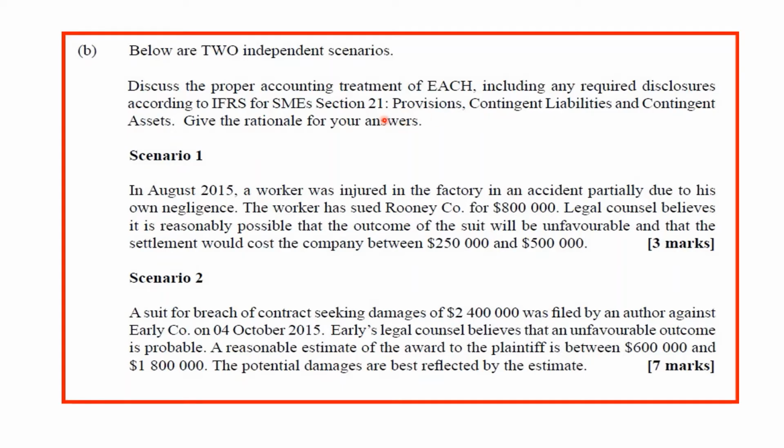Right. So, if you have never read this section, what you should do is pause the video, go get your textbook, and read up on Section 21 of IFRS for SMEs. If you don't have a textbook, you can go to Google and type in this same thing here and put PDF after it. It will give you a PDF file with the provisions, contingent liabilities, and contingent assets, and how to treat them in the accounts of small and medium-sized enterprises.